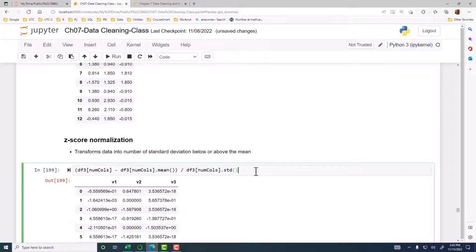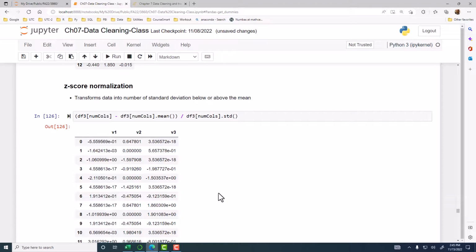So this is your NumPy universal function. So it's going to convert, and you can put them back into the data frame if you want as three different values. So you get the z-scores here.